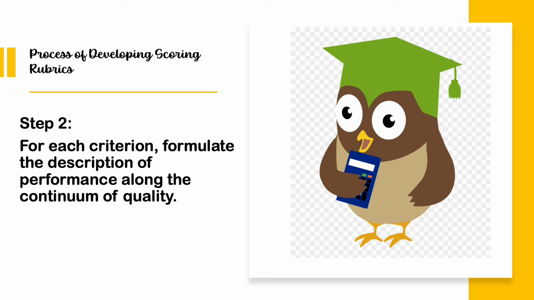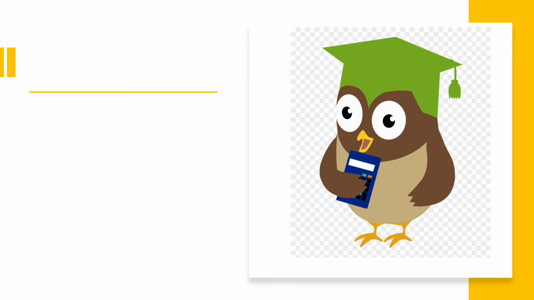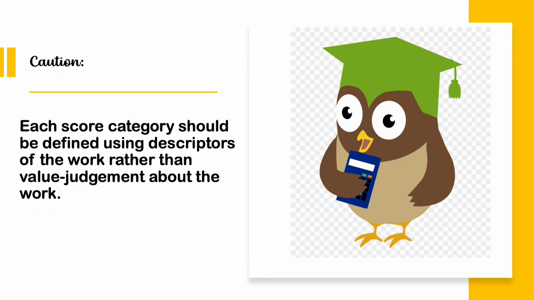So, in other words, you are asked to determine the type of performance that would constitute the worst performance, or a performance which would indicate lack of understanding of the concepts being measured. Note that each category should be defined using descriptors of the work rather than value judgment about the work.